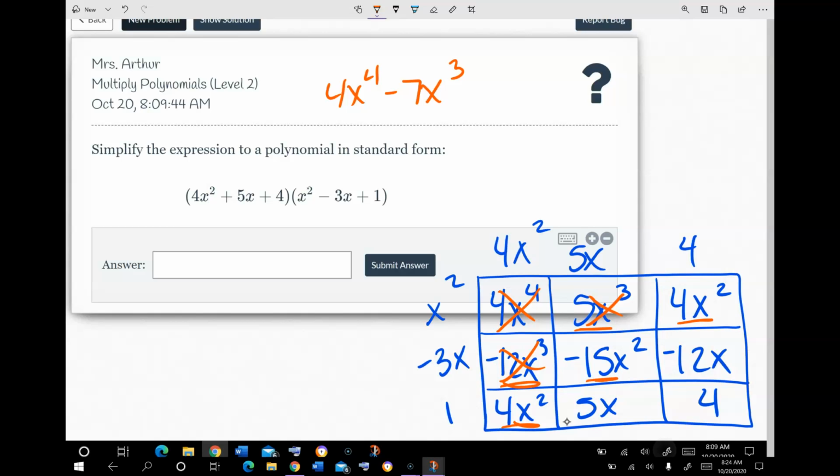And then I have my linear term, and it's going to be 5 minus 12, and that's going to give me, this is funny, negative 7x, and then you have your plus 4. Okay, and that would be your answer for this problem.